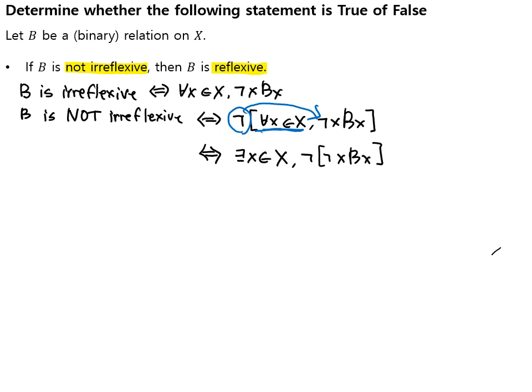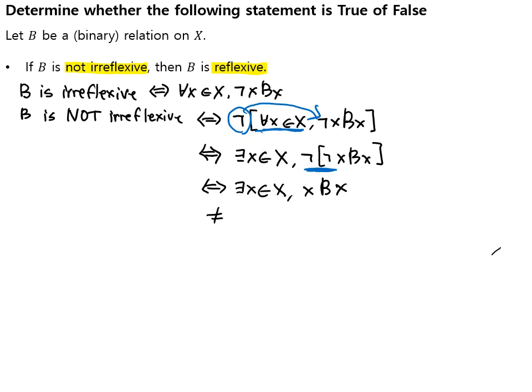And we can see we have a double negation here which cancels out. So this turns out to mean there exists an element x such that x is related to x, okay?